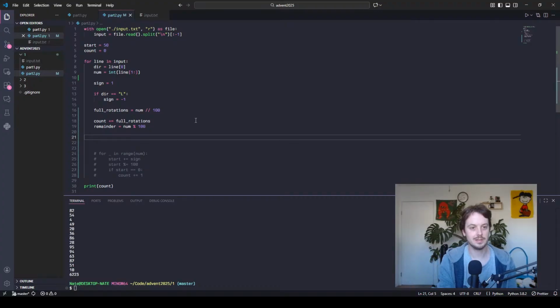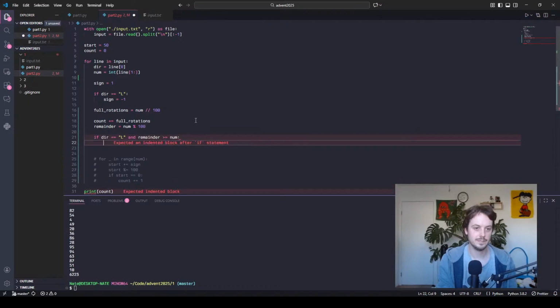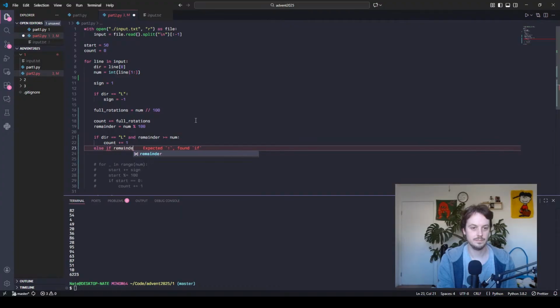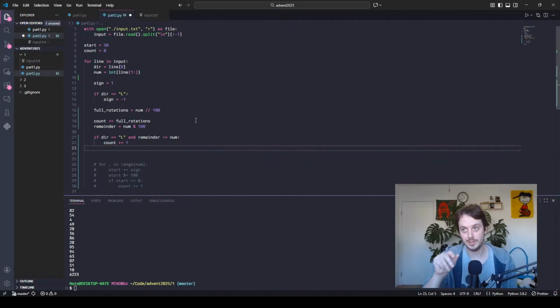So I'd say if direction is L and remainder is greater than, that's going to be 1. Else if I'm going right, I'm increasing.